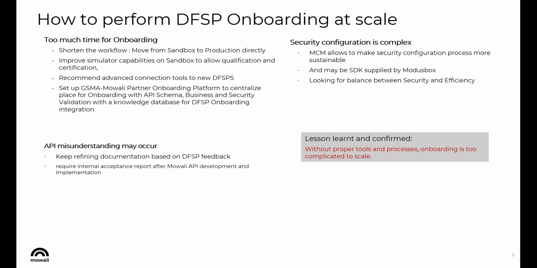The second part is security configuration. As we are talking about money, we demand a very high level of security requirements: IP filtering, mutual TLS for the transport layer, and JWS certificates at the application layer.